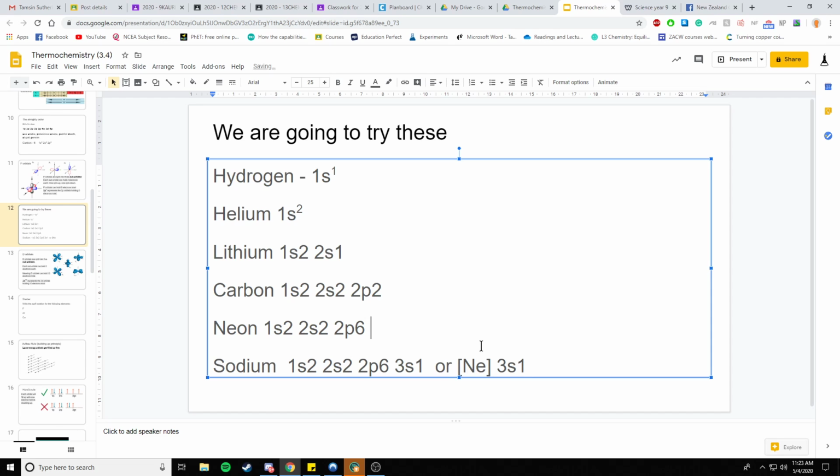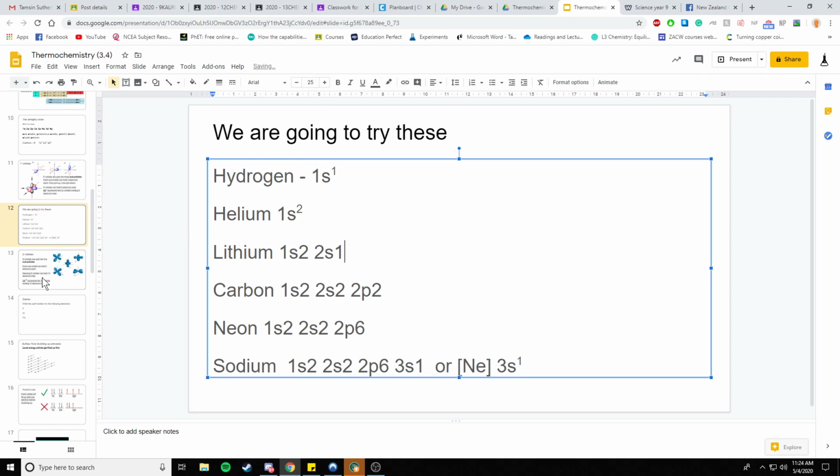What this is saying is we have the noble gas configuration for neon, which is this, and then 3s1. So instead of writing out this whole thing, we could just write neon, which is saying we have the noble gas configuration for neon, which is here is the same as here, and we just write 3s1 at the end of it, and we make that tiny.